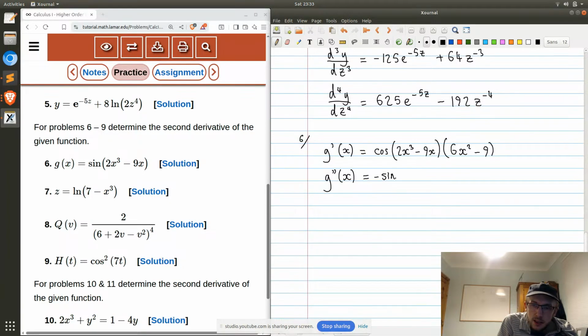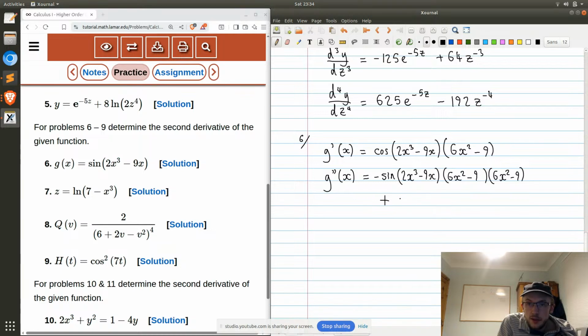Minus sine of that. But then we have to differentiate the inside, because it's a chain, is it not? Okay. And then a plus sign, and then differentiate the second function and leave the first one alone.